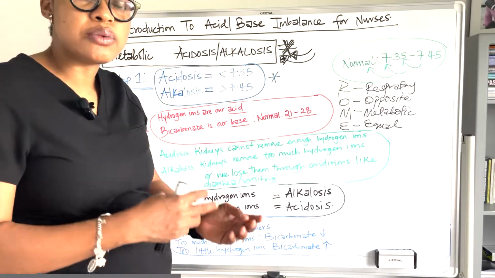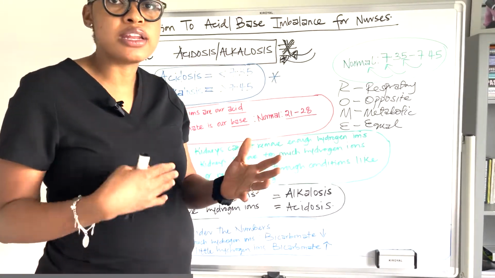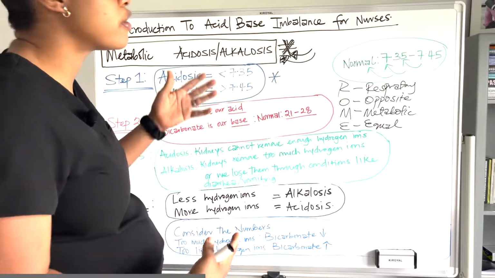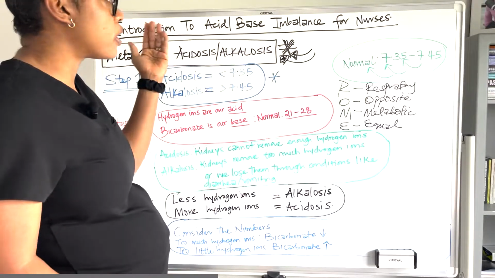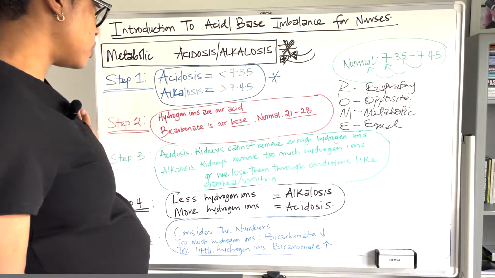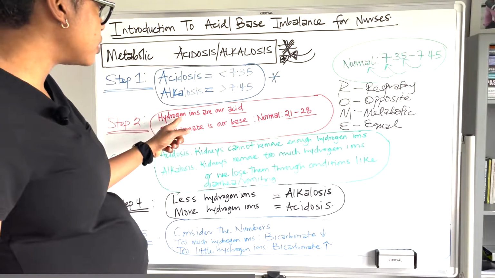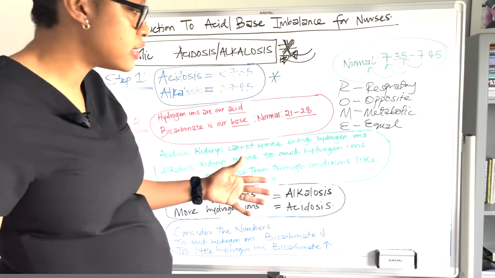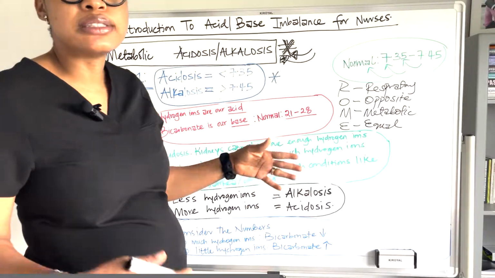Usually when one of them is off, then it throws them into either acidosis or alkalosis, and I'm going to explain further. So like I said, hydrogen ions are the acid, bicarbonate is the base.